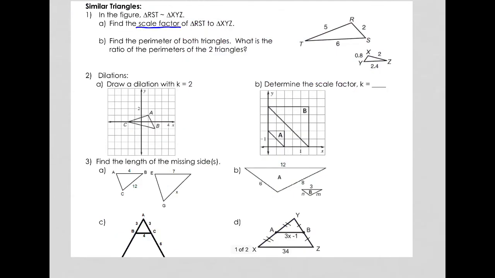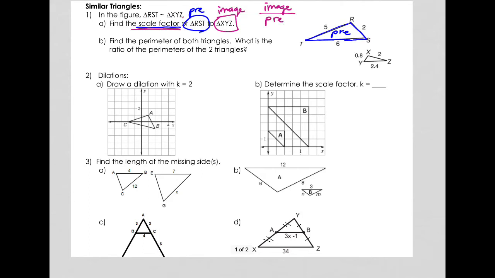So I'm looking for the scale factor, but remember it's very important the order here. It says of RST, so right there I know that's my pre-image. So RST, this is my pre-image, to XYZ, so this is my image. Now remember, whenever you do scale factor, you have to do a side length from the image over the corresponding side length of the pre-image.